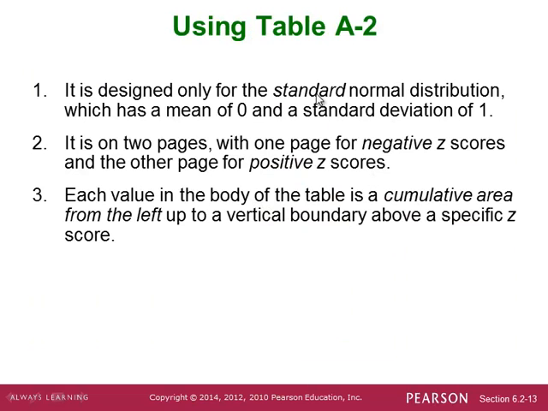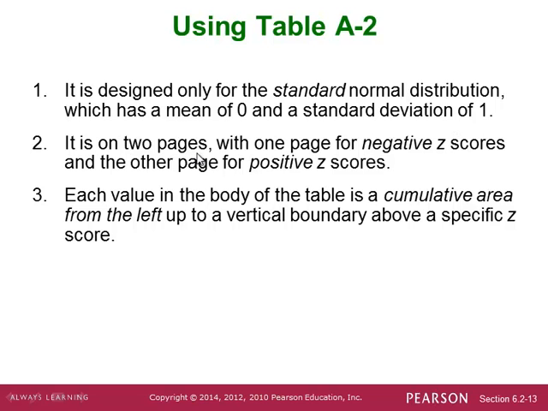This is only for the standard normal distribution. You can convert any other normal distribution into a standard normal distribution. And remember, the standard normal distribution has a mean of 0 and a standard deviation of 1. And like I told you, it has 2 pages.